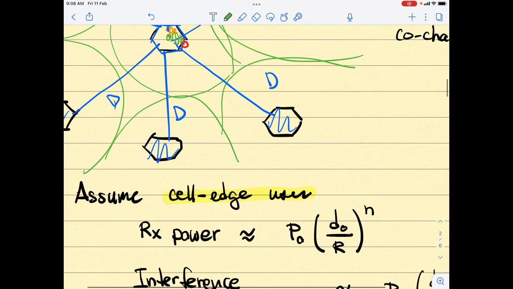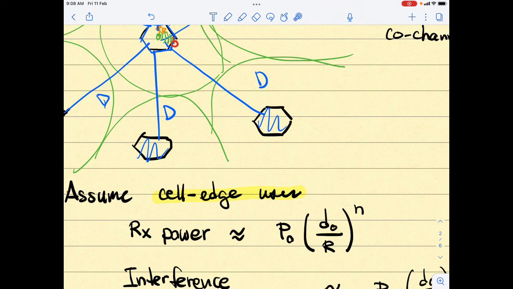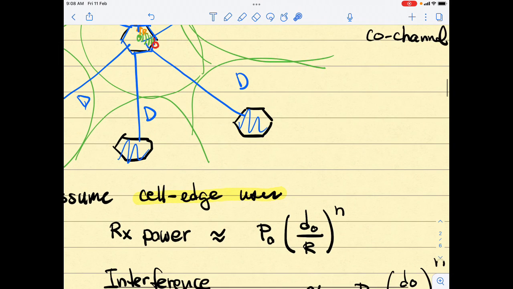So the receive power for that cell edge user can be approximated as this: P0, the power at the breakpoint distance or the reference distance, multiplied by D0, remember that's the reference distance, divided by R. Remember, because the user that we are considering is at the cell edge, the radius of the cell is equal to R. This whole thing raised to the power of n.